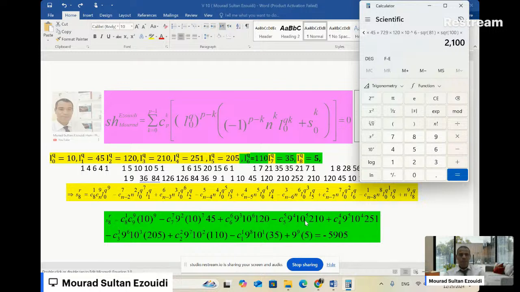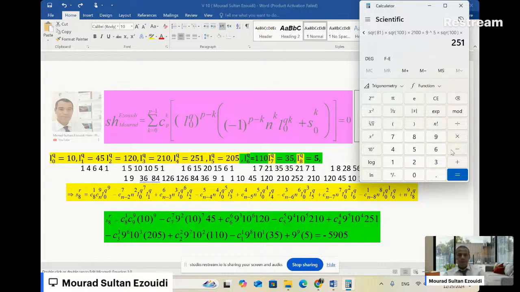You see 10 raised to the power 5, I wrote it as 100 squared. It remains 10, I'll multiply this 210 by 10. Okay, simplify the calculation. Plus 9 raised to the power 5 multiplied by 100 squared. 10 raised to the power 4 is 100 squared. Multiply by 251.